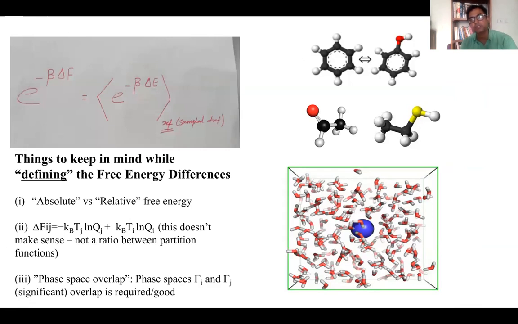Then you ask the question: I want to find out the free energy difference between ethanol and ethane thiol, replacing the oxygen here with a sulfur, let's say. So you simulate your whole system with ethanol, and for every snapshot you find the energy for that configuration, with everything around it staying the same.